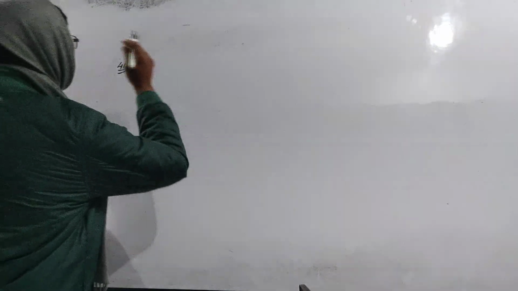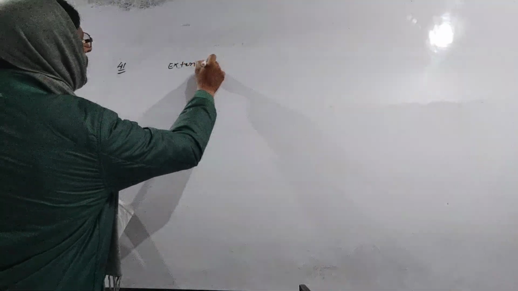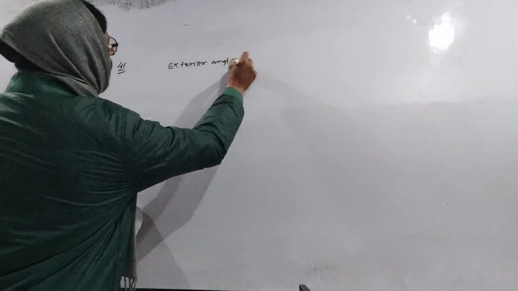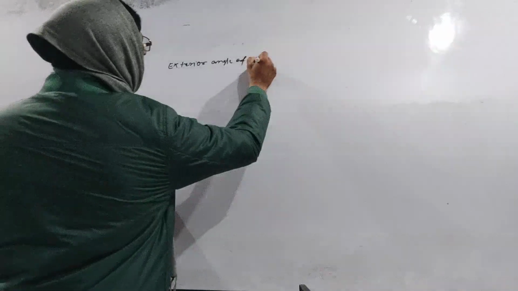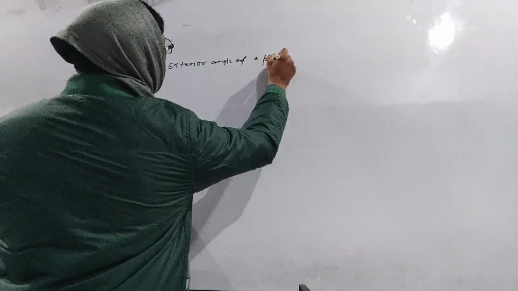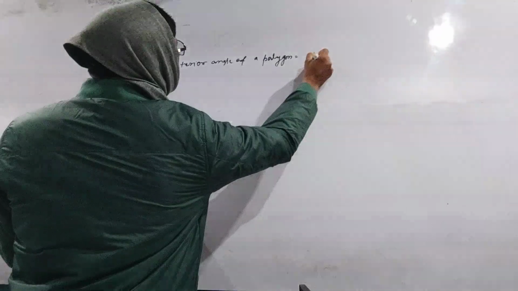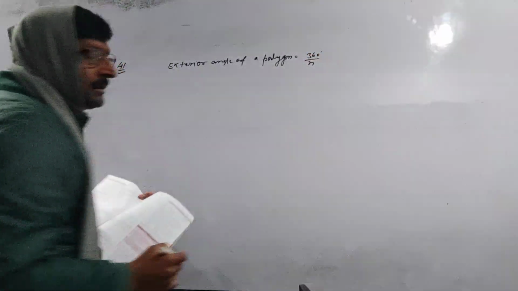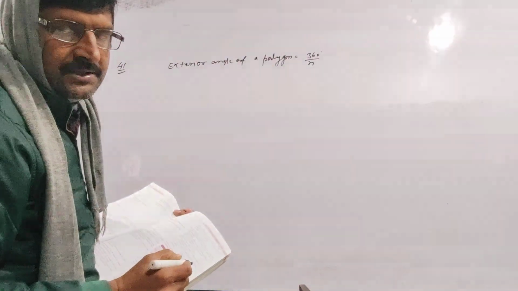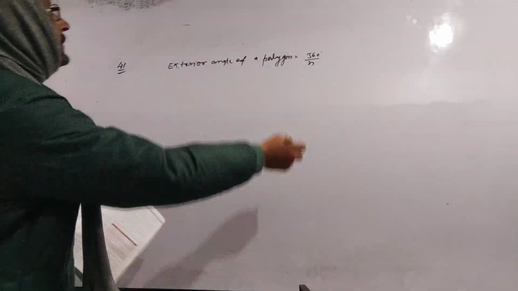We know that the exterior angle of a polygon is equal to 360 degrees by n. Correct? 360 degrees by n.